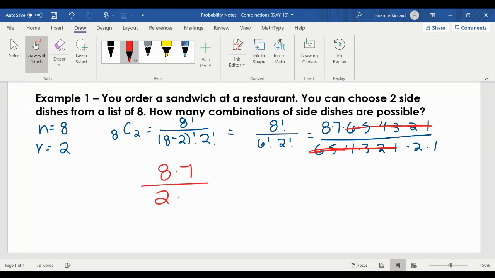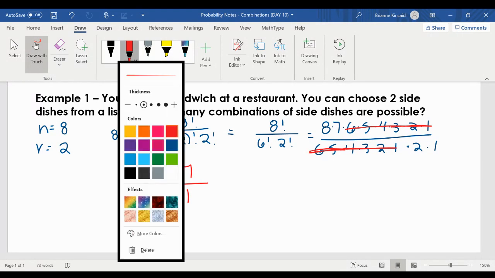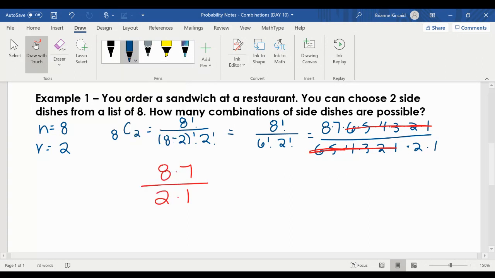over 2 times 1. Now this example isn't really necessary to simplify early because the numbers aren't that large, but it will make it easier. Looking at my denominator, obviously 1 is going to go into anything, but I can divide 2 into 8. 2 goes into 8 4 times.